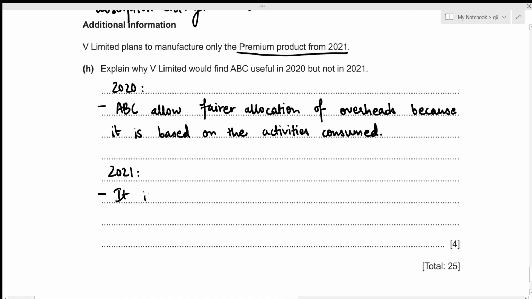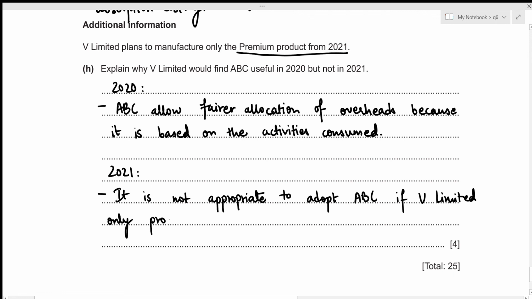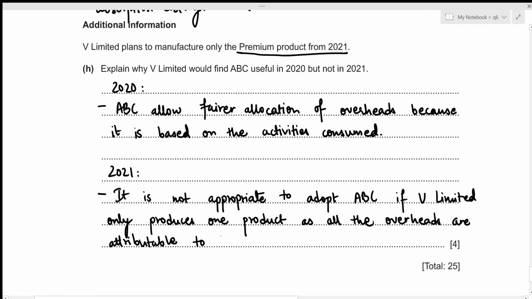It is not appropriate to adopt ABC if V Limited only produces one product, as all the overheads are attributable to that product.